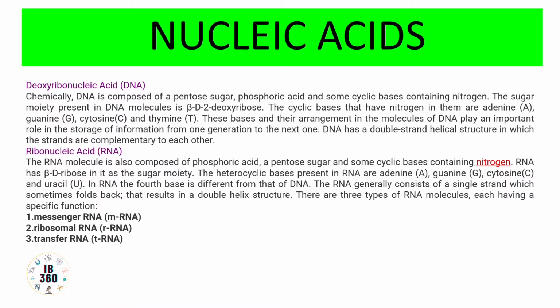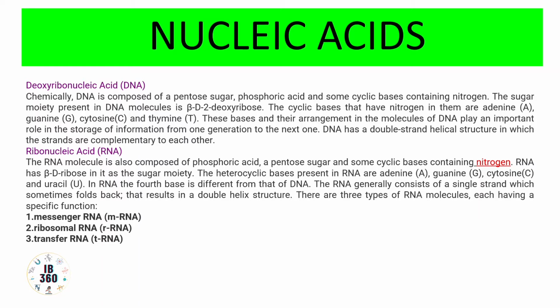They are long chains, and that means they are hugely sized molecules found inside our body cells, and every living organism has a genetic material inside them. For human beings, the genetic material is DNA, which is deoxyribonucleic acid.